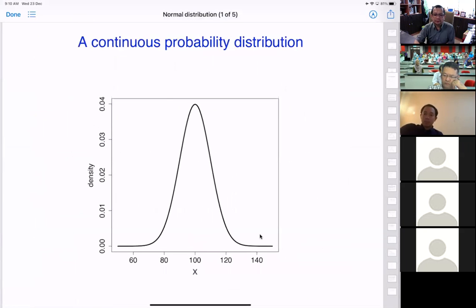When we have a lot of data, the probability, which is the area underneath this curve, is equal to 1. And from here, we know the mean is equal to 100. And the probability is the area underneath this curve is equal to 1.